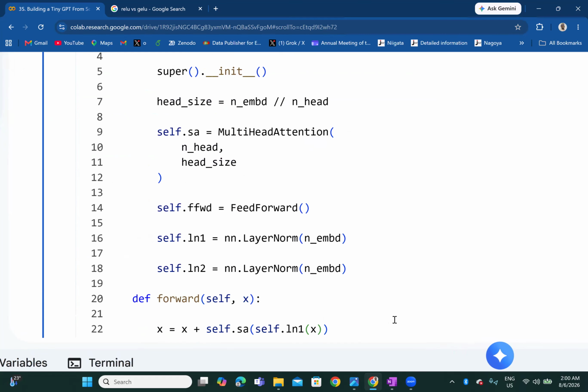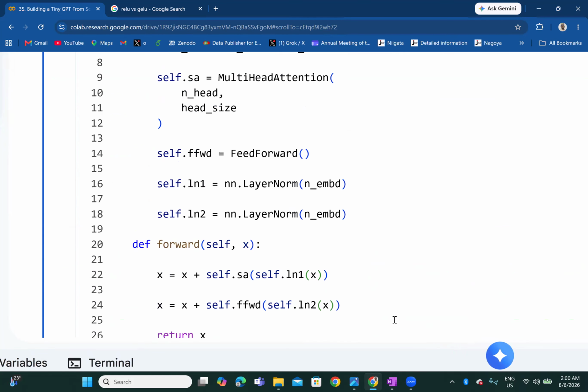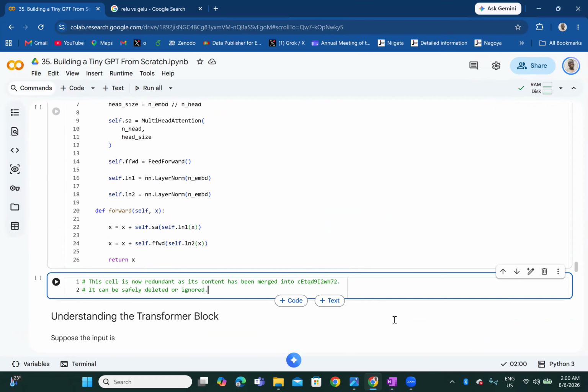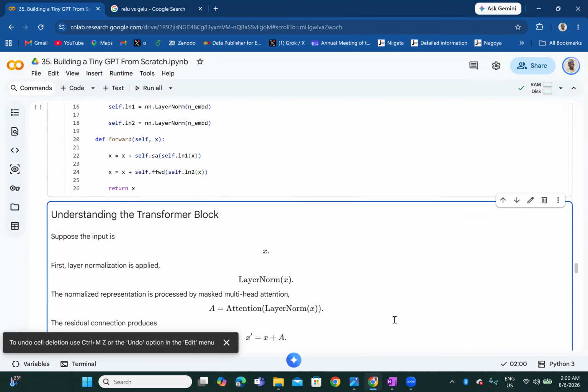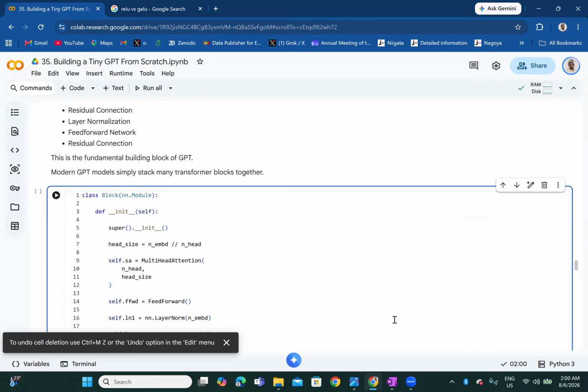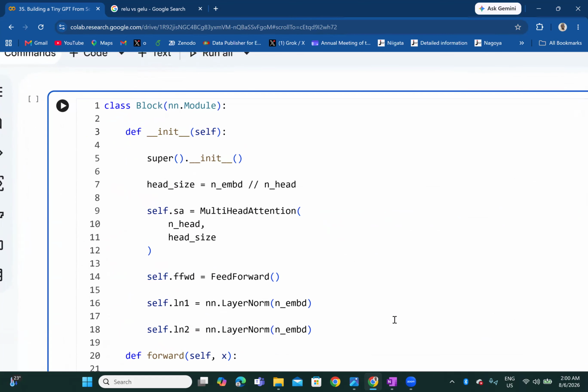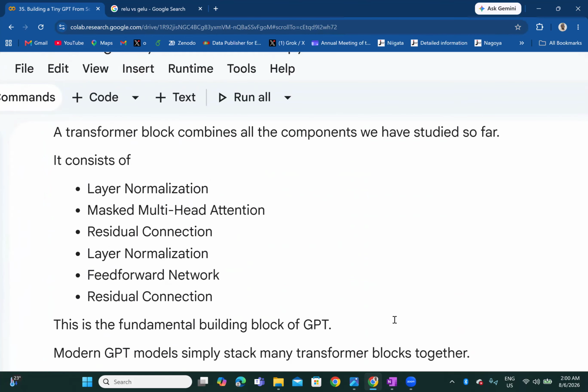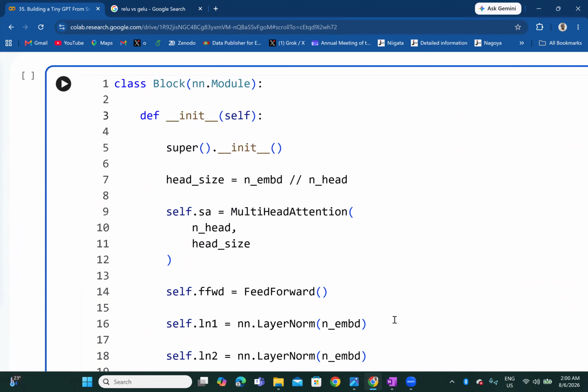So you have this whole thing for the transformer block like that.